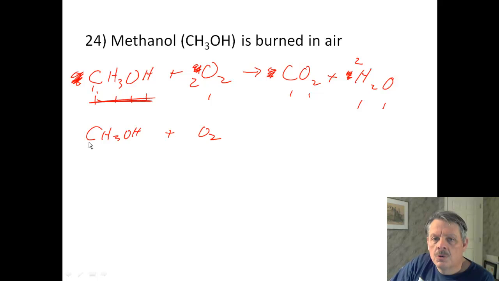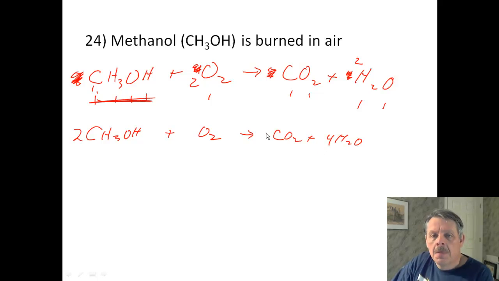Plus O2. Let's try doubling it. Let's do it the way we wanted to originally and see if we can manage to make this work. CO2 plus H2O. We now have 8 hydrogens. We have 4 waters. We have 2 carbons. So we have a total of 4 oxygens here and 4 oxygens there for a total of 8 oxygens.